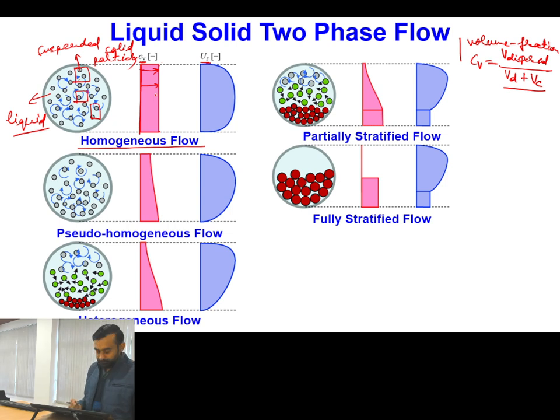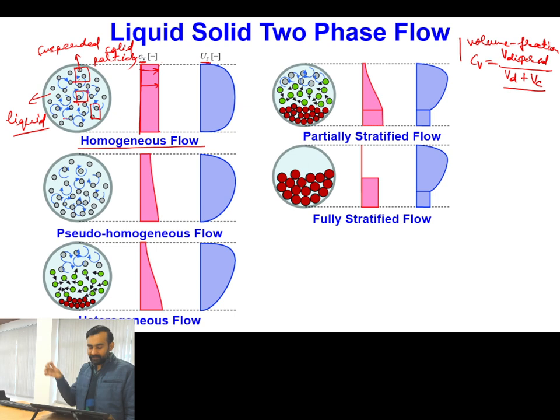Then second is velocity. As the particles are completely suspended, these particles will try to follow the velocity of the liquid phase. If I consider velocity in the normal direction, this is a cross section, and the normal to this cross section is simply anything normal to the board, so that is the z direction.